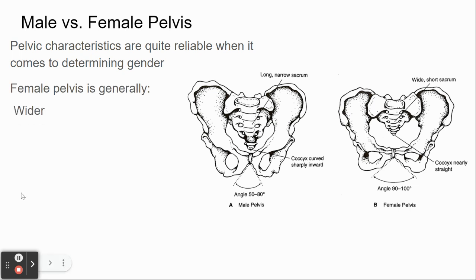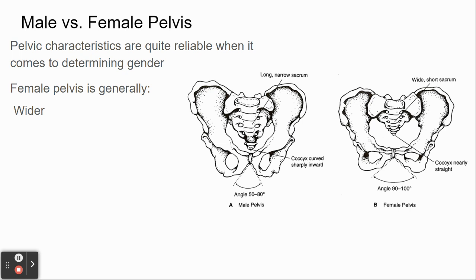In terms of the female pelvis, it's generally wider in its measure from side to side. So the iliac crest here, the top portion of the ilium, is going to be a little bit wider in females. You'll see in males it tends to go a little bit higher vertically.